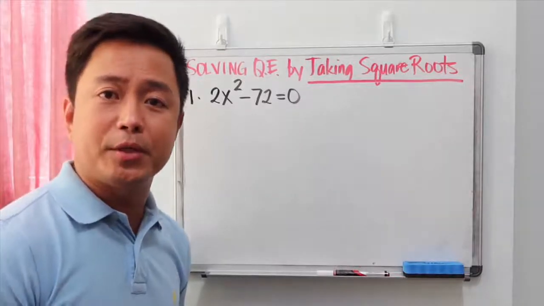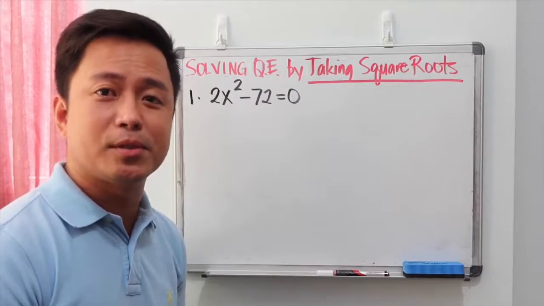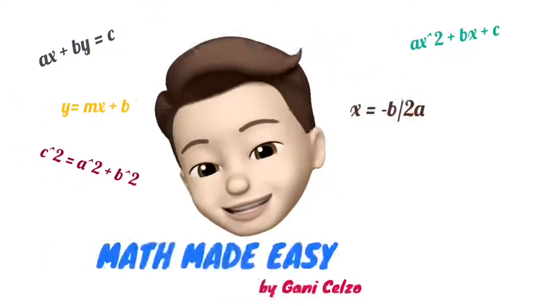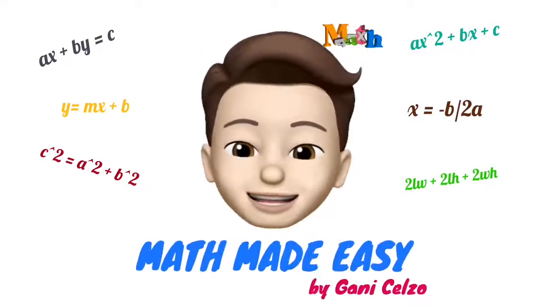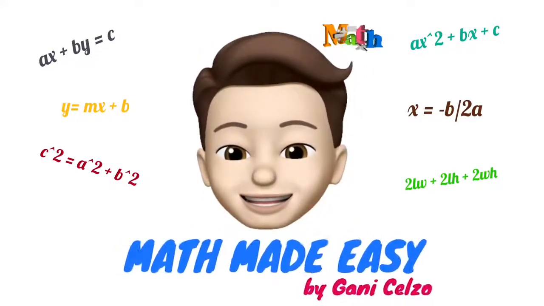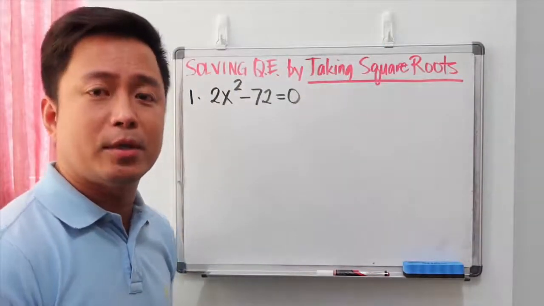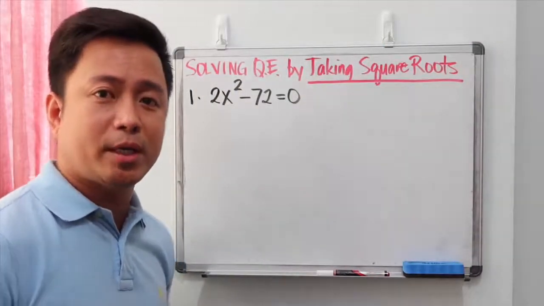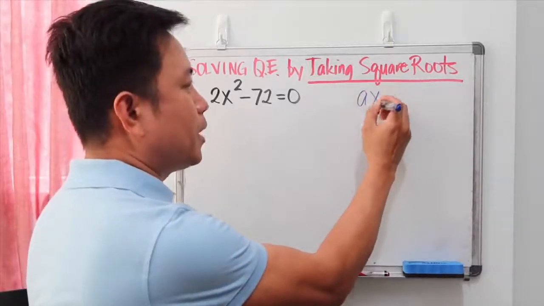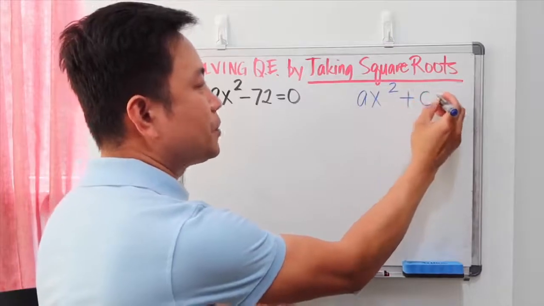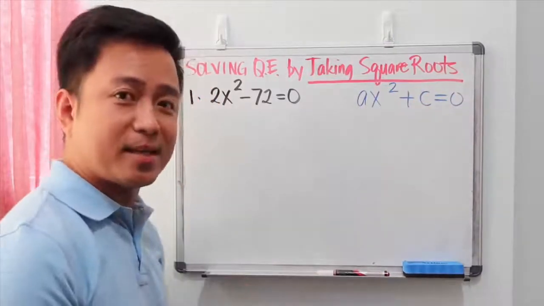Another way of finding the roots of a quadratic equation is by taking the square roots. The taking square roots method can only be used if the quadratic equation is in the form ax squared plus c is equal to 0, which means that the bx term is missing.